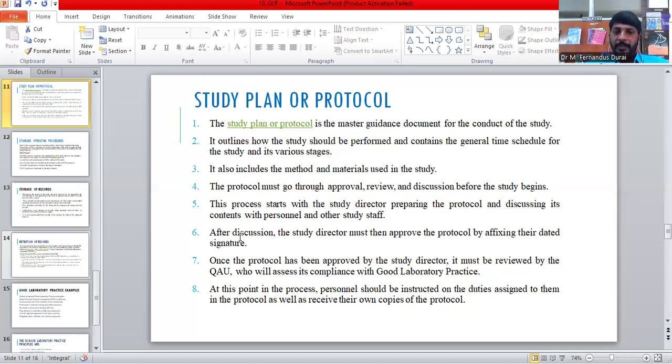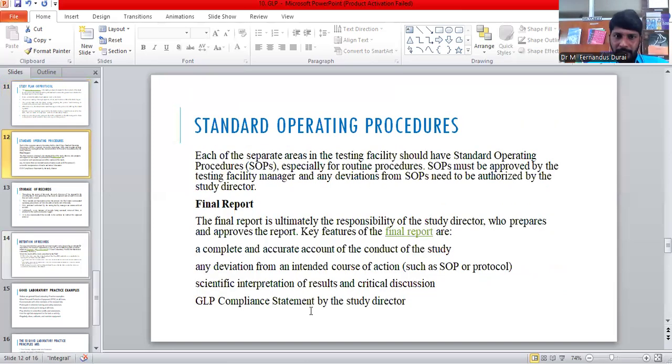And once the protocol has been approved by the study director, it must be reviewed by the QAU, the quality assurance unit, who will assess its compliance with good laboratory practices. And at this point, the personnel should be instructed on the duties assigned to them in the protocol, as well as receive their own copies of the protocol.